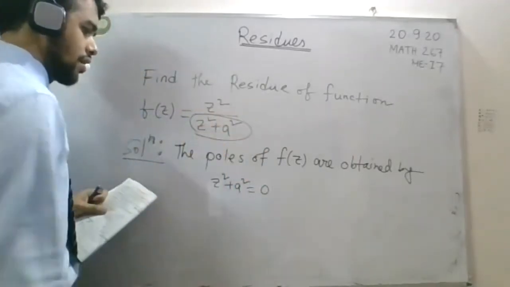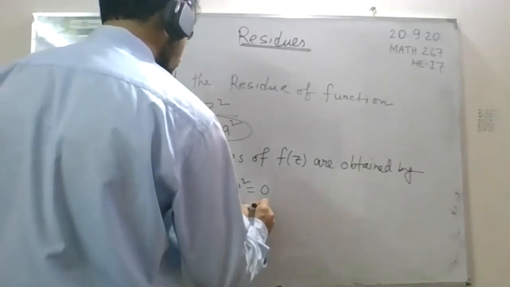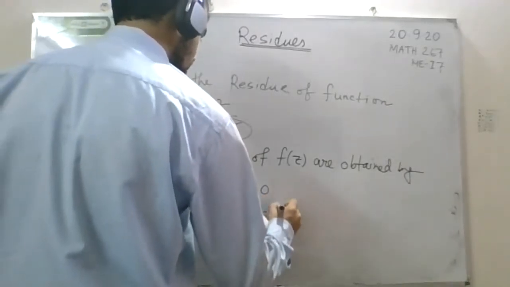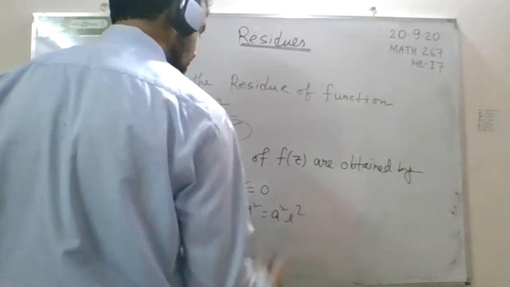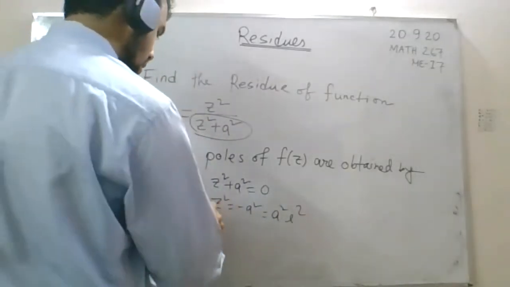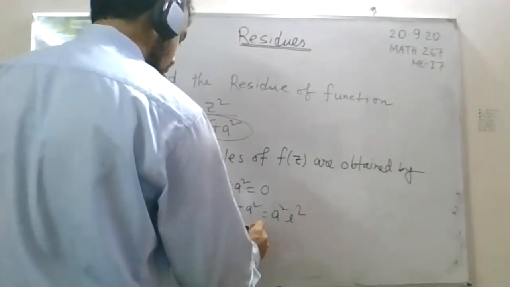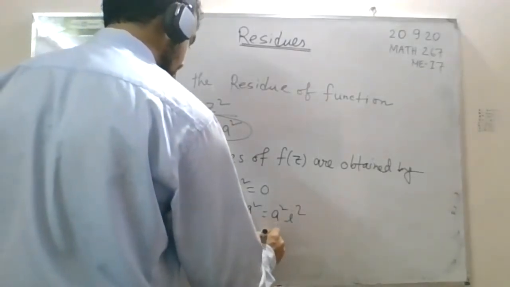Okay. So from here, you can say it is z square minus a square, and also this is z square minus a square i square, where i square equals minus 1. Now you can say that the values of z equal plus minus a i.